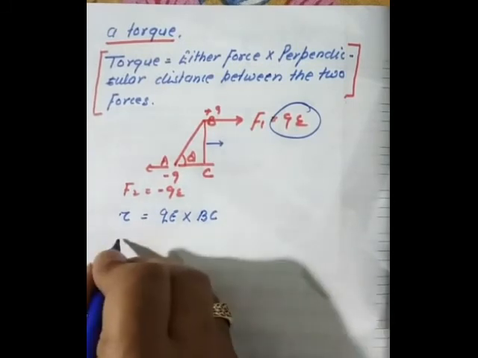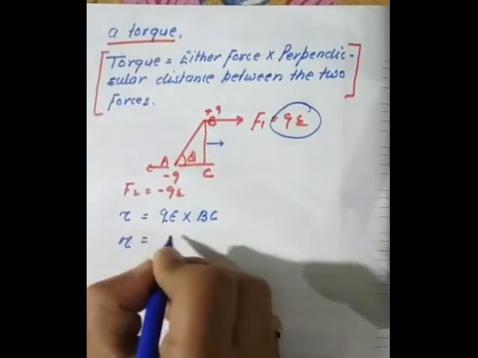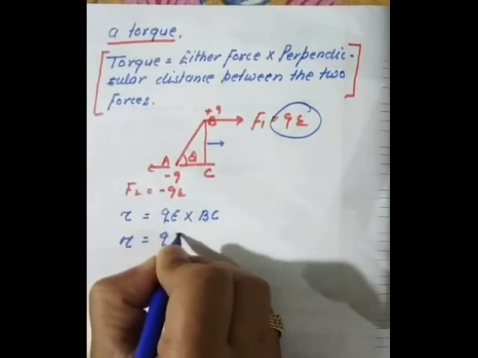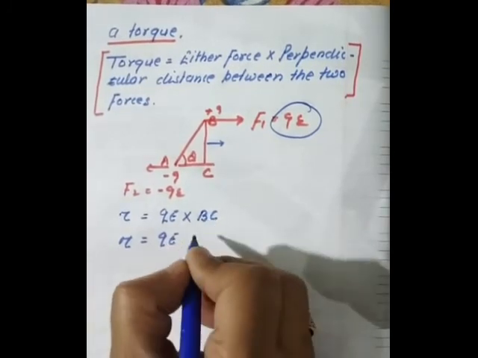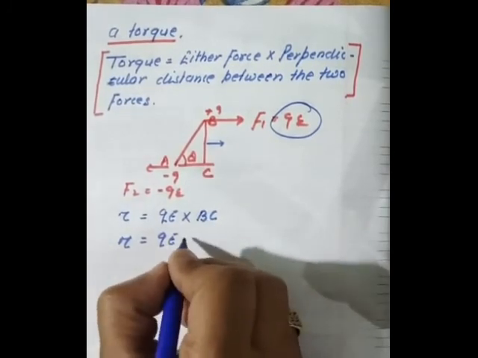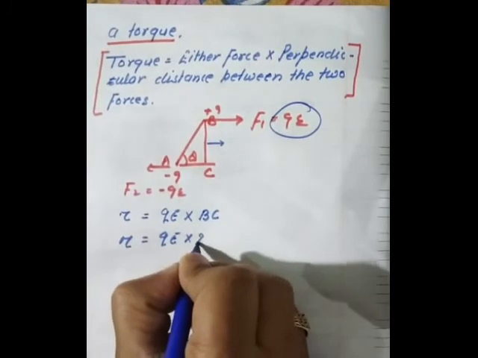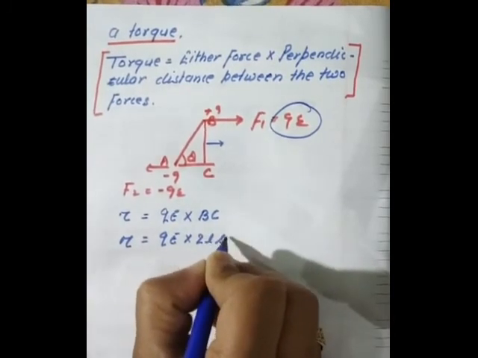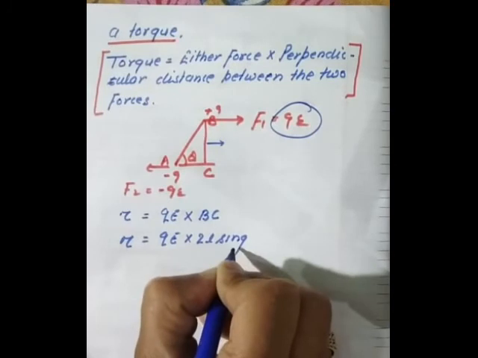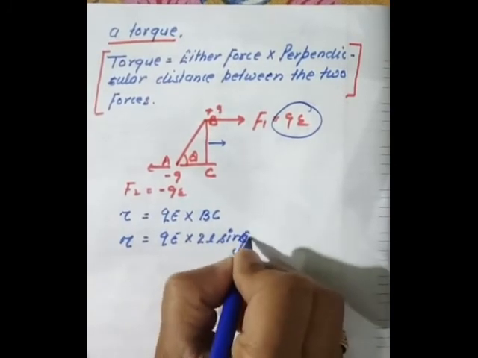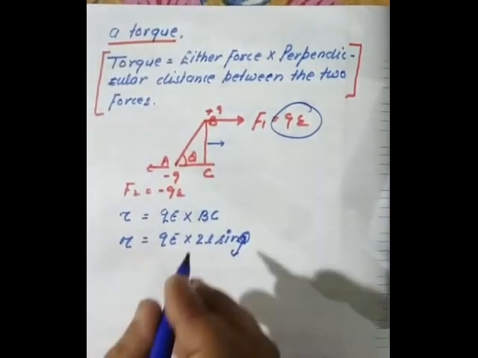So torque equals QE, and that distance equals 2L sin theta. We already found that.